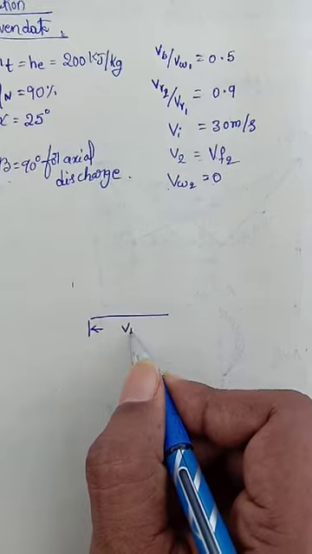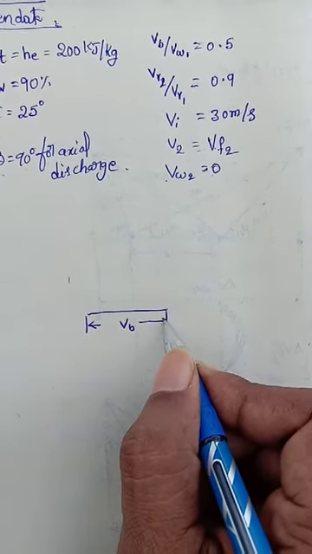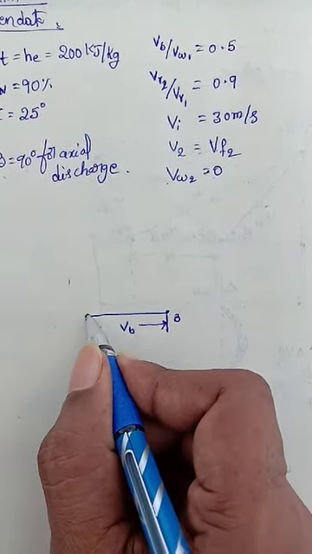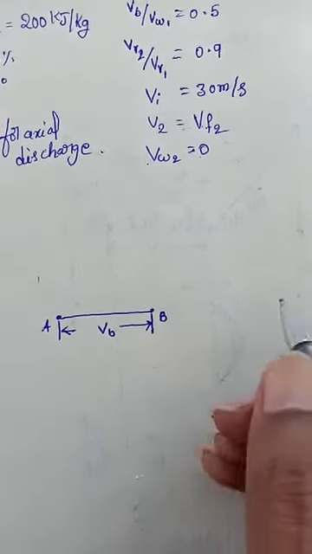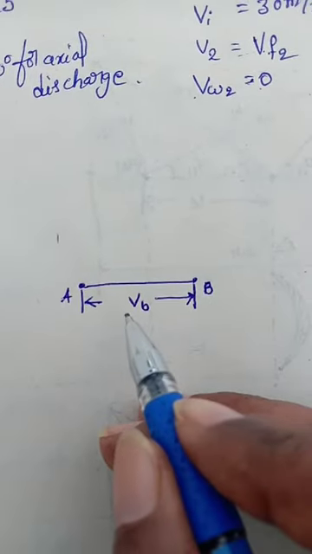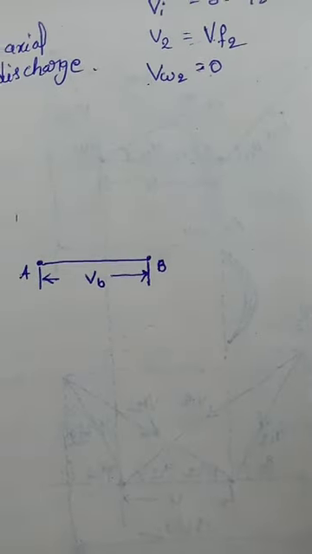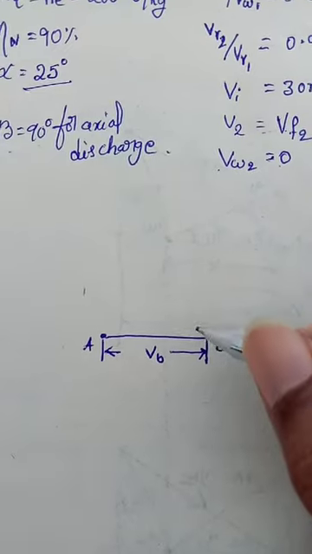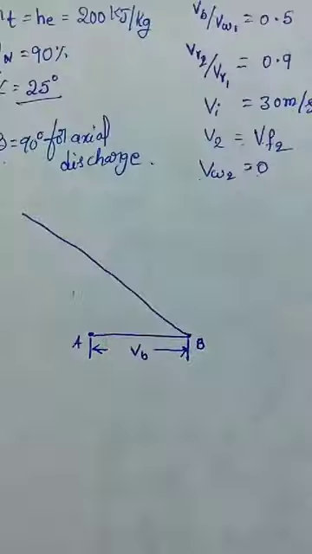I put here the blade velocity VB. Now this is B, and this is A. Right, A, B. Now this is the blade velocity. And now the angle given here is 25 degrees, alpha. You take 25 degrees directly and draw a line like this.